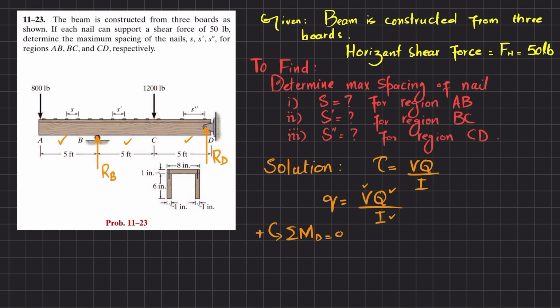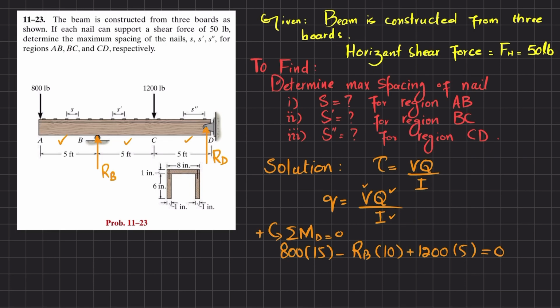So I will write 800 into 15 minus RB into 10 plus 1200 into 5 equals 0.